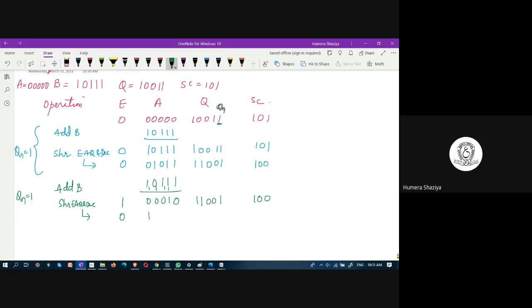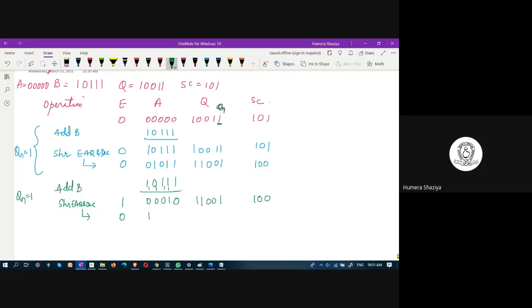Students, can anyone tell me what I am doing? Are you all with me? Yes, Ma'am. Okay, then tell me what I am doing. Shift right, ma'am. So the E value is shifted to A. 0 is added to E. Serial input is 0.